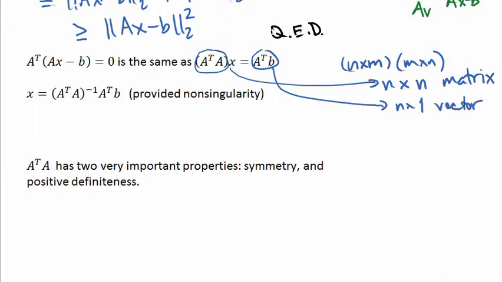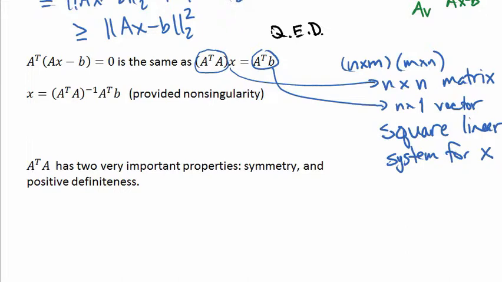And so what we have is a square linear system for X. And that square linear system, let me write it here again, A transpose AX is equal to A transpose B, is called the normal equations.